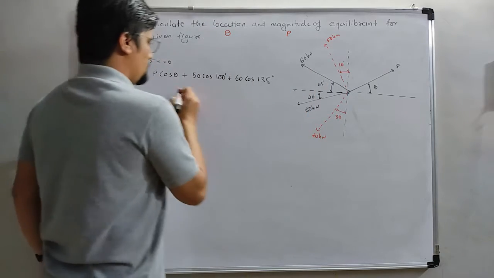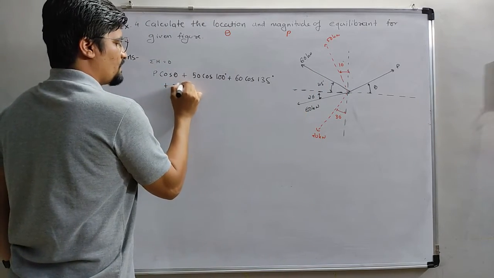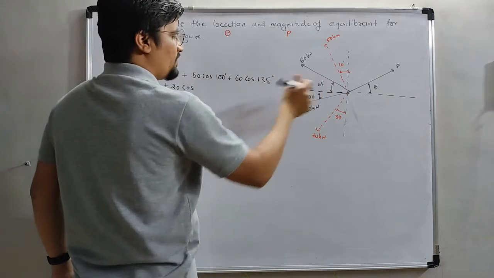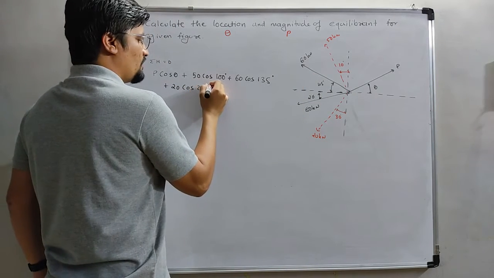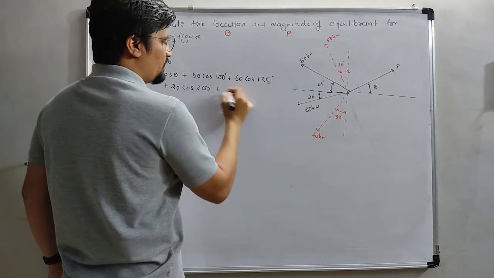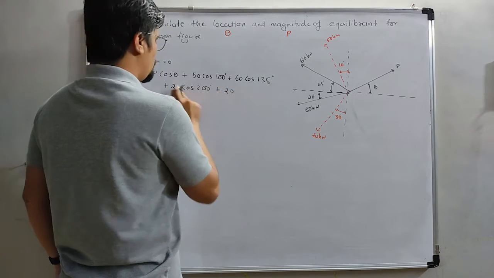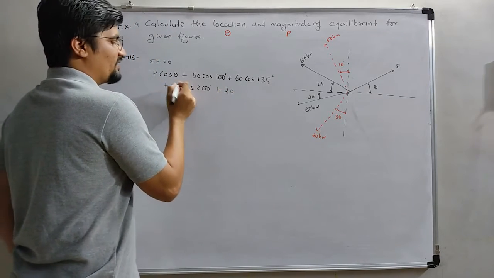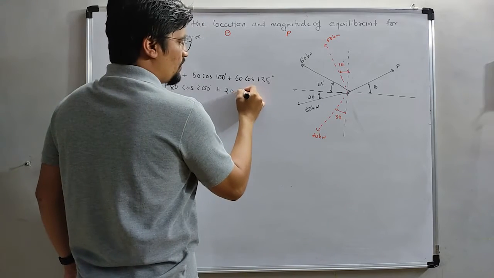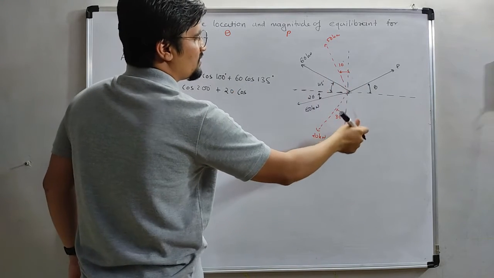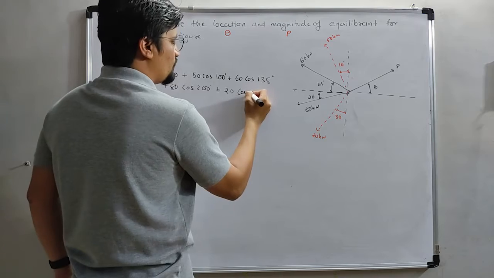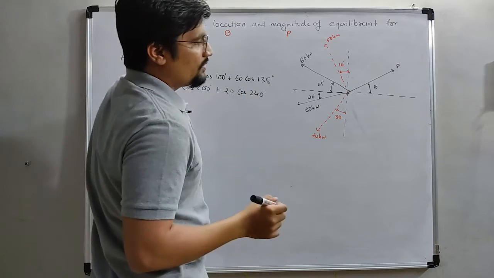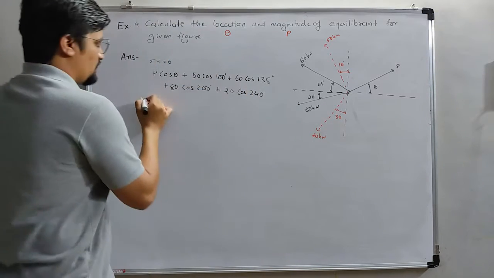This is 80 cos 180 plus 20, which means 200 degrees. Then 20 cos, this is 270 minus 30, which means 240 degrees. Is anyone remaining? No, nothing is remaining.